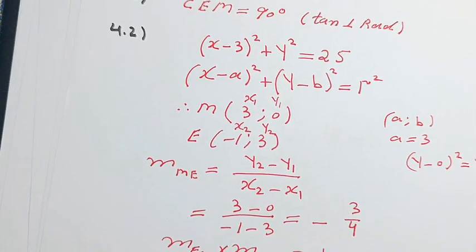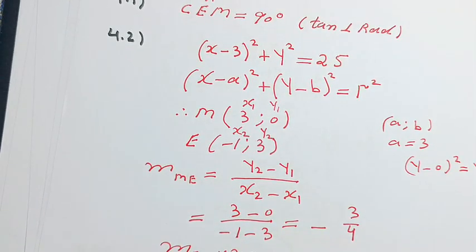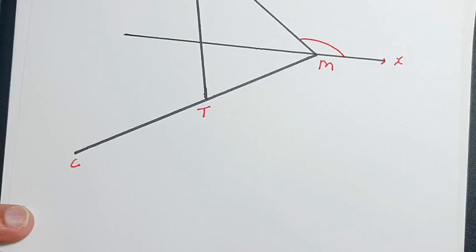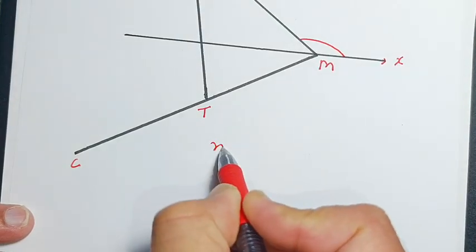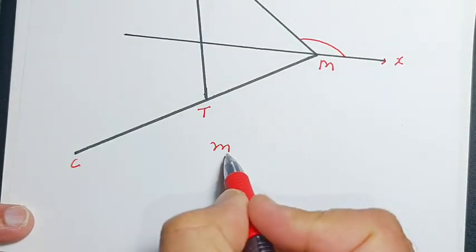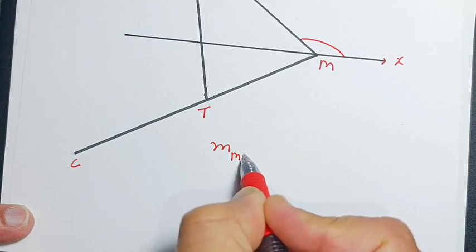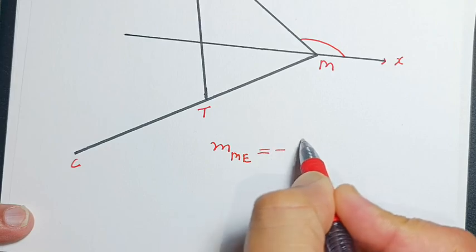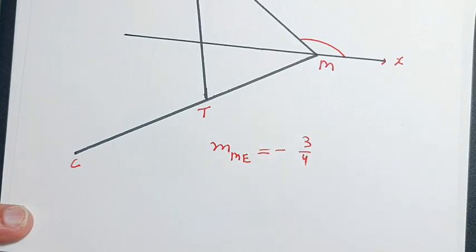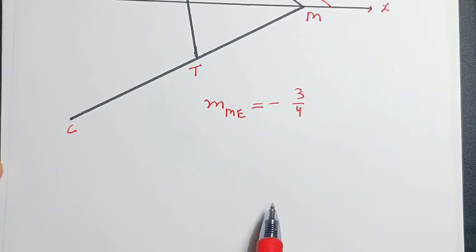So we're going to use that. So we have gradient of ME or EM, it's the same thing, is equal to -3/4.